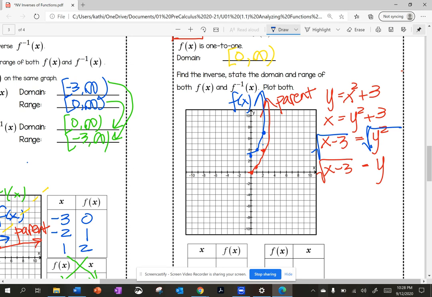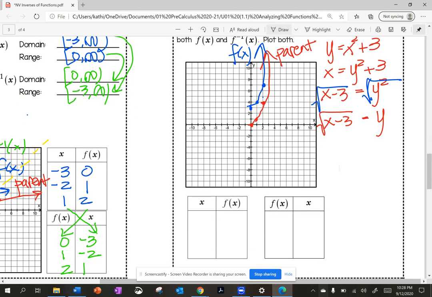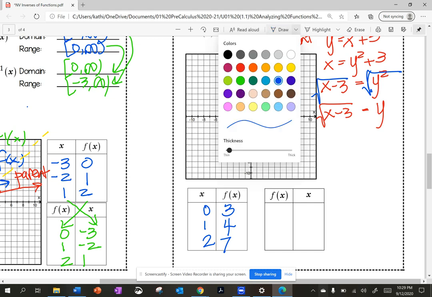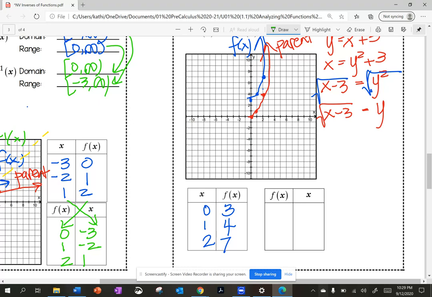And now my inverse, I'm going to get my points from my original function. So my 3 points from my function are 0, 3, 1, 4, and 2, 7. So for my inverse, I'm going to switch my domain with my range and my range with my domain.